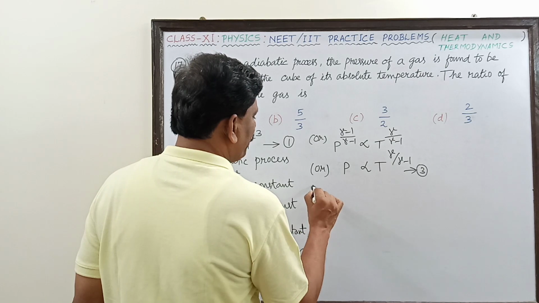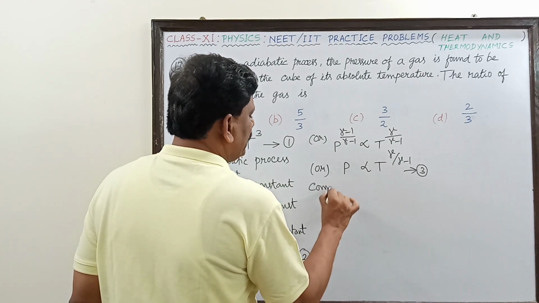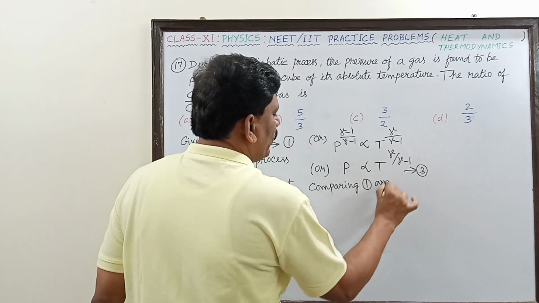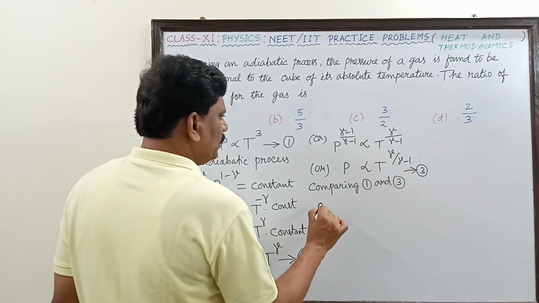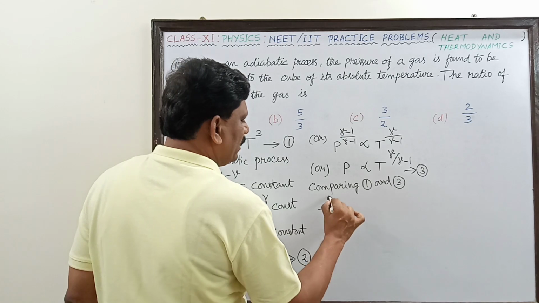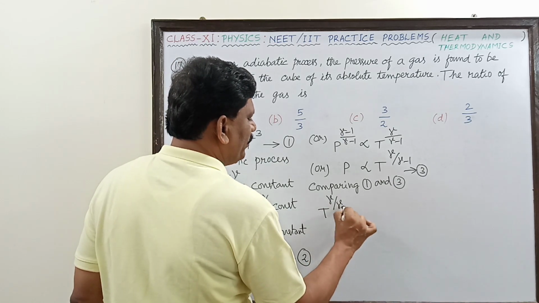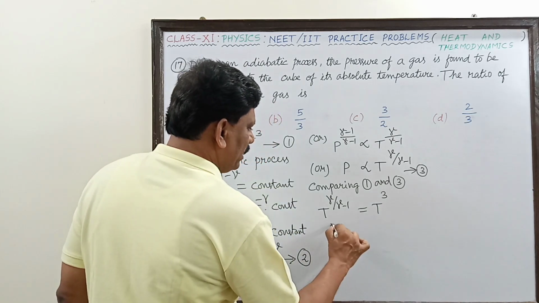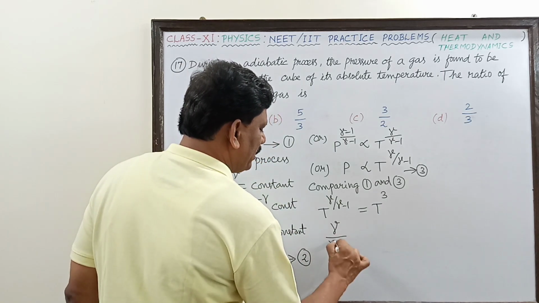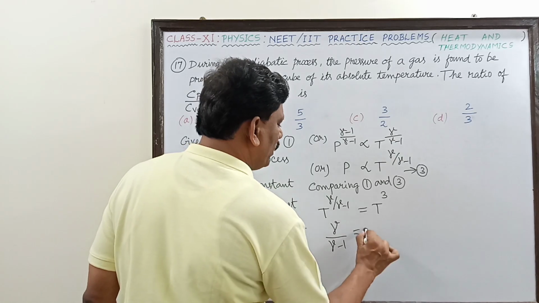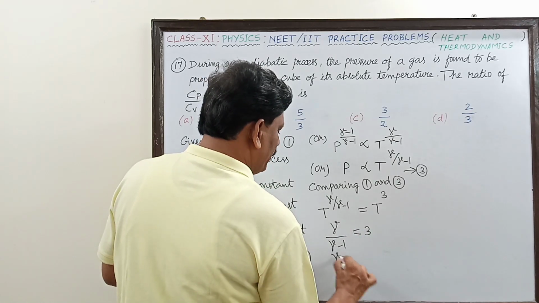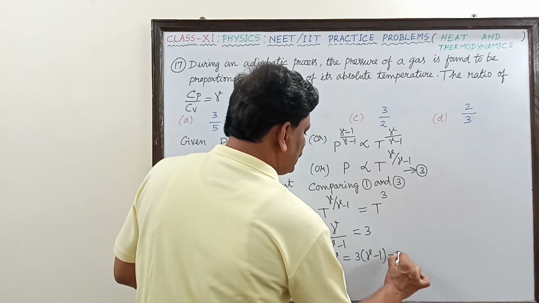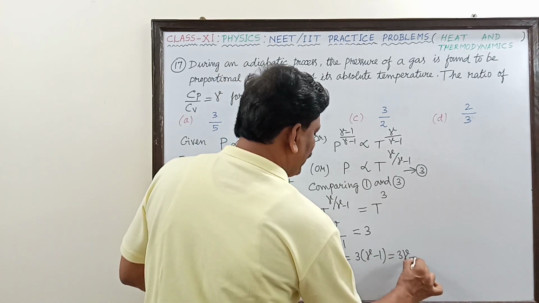So comparing 1 and 3, T raised to the power gamma divided by gamma minus 1 is equal to T cube, or equating the powers, gamma divided by gamma minus 1 is equal to 3. So gamma is equal to 3 into gamma minus 1, which is equal to 3 gamma minus 3.